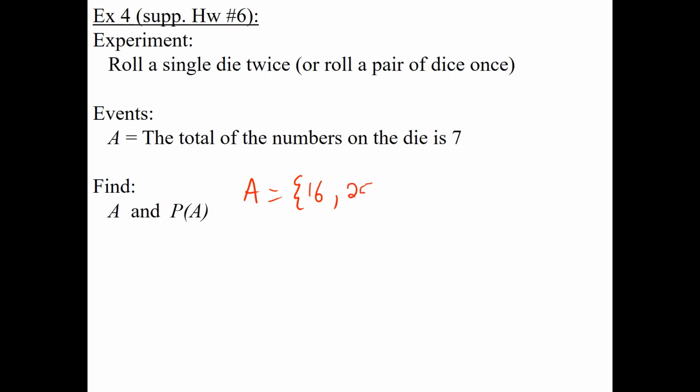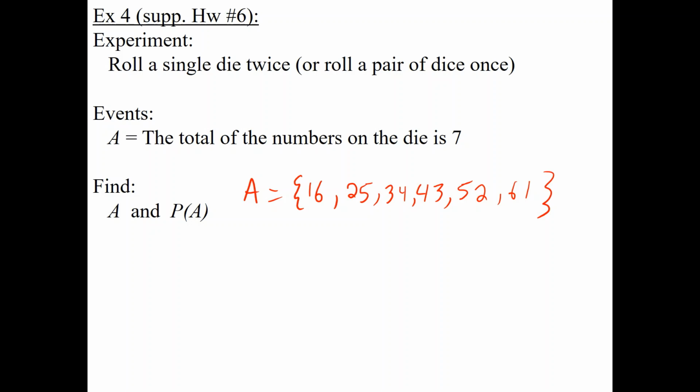That will make the other one have to be a 5. Then 3,4; 4,3; 5,2; and 6,1. Those are all the rolls of a pair of dice where the total is 7.